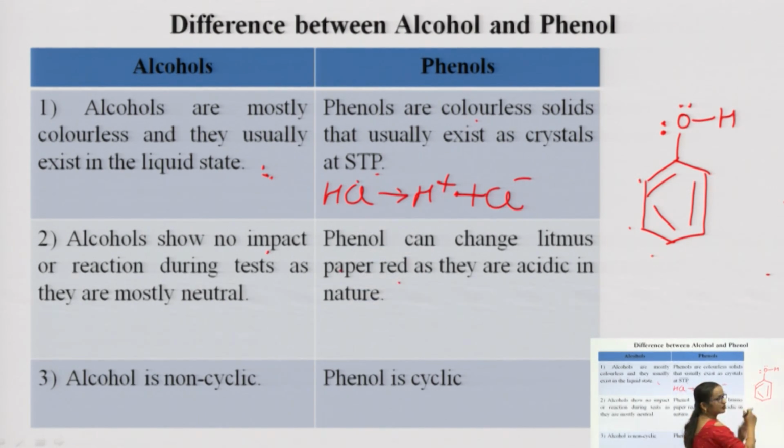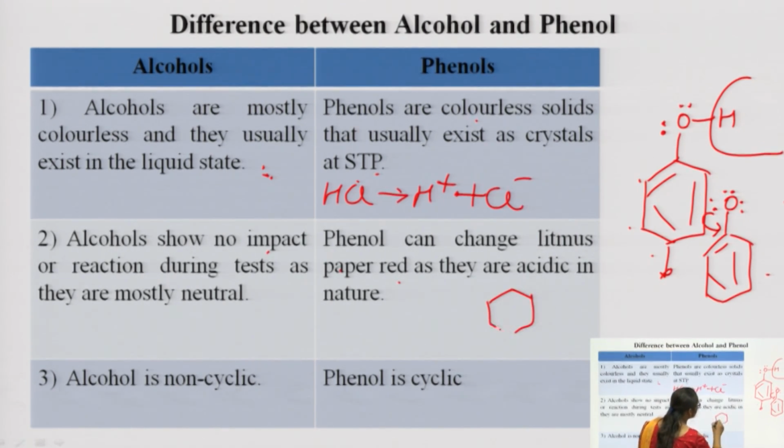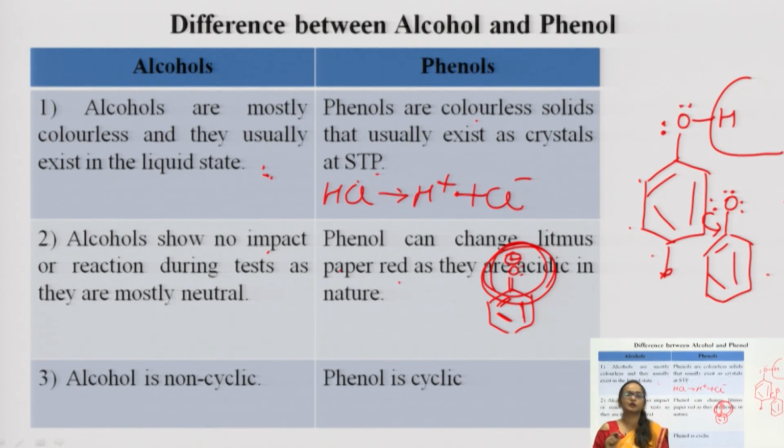Now if phenol donates the hydrogen, it is converted into phenoxide, O-. The only remaining thing is the lone pair of electrons, and when this lone pair goes to the carbon-oxygen bond, it changes into a double bond with O positive charge, and here a lone pair. So this partial double bond character of oxygen causes the acidity present in phenol.